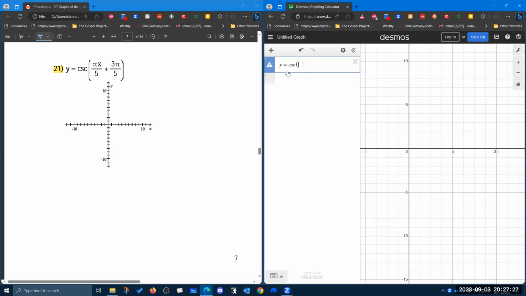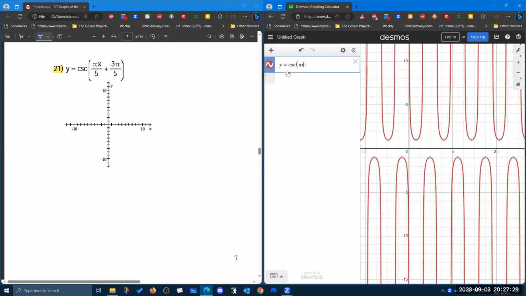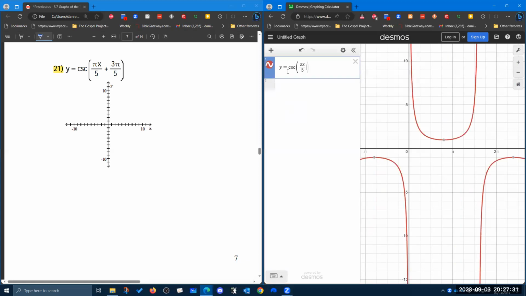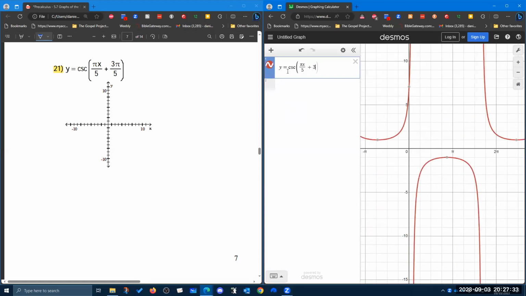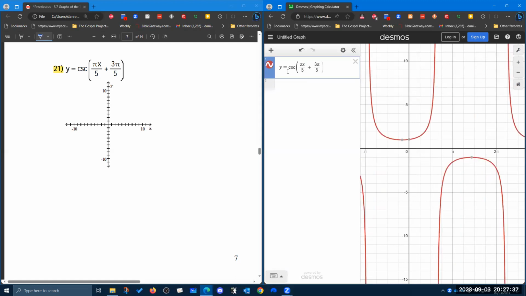Cosecant of, this one's pretty tricky, pi x over 5 plus 3 pi over 5. So this one has something that we're going to call phase shift, and we're going to talk about that in one of the next videos.